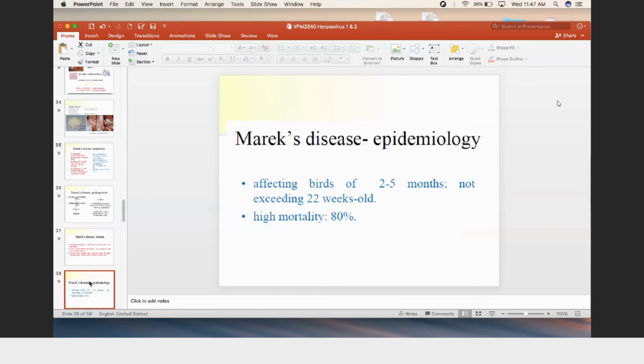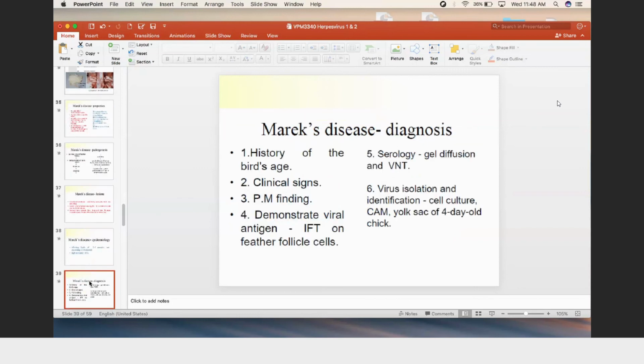Normally, it affects birds of 2 to 5 months, normally not exceeding 32 weeks old, and mortality is high, 80%. The diagnosis is based on the history of the bird's age. Not too young, not too old.